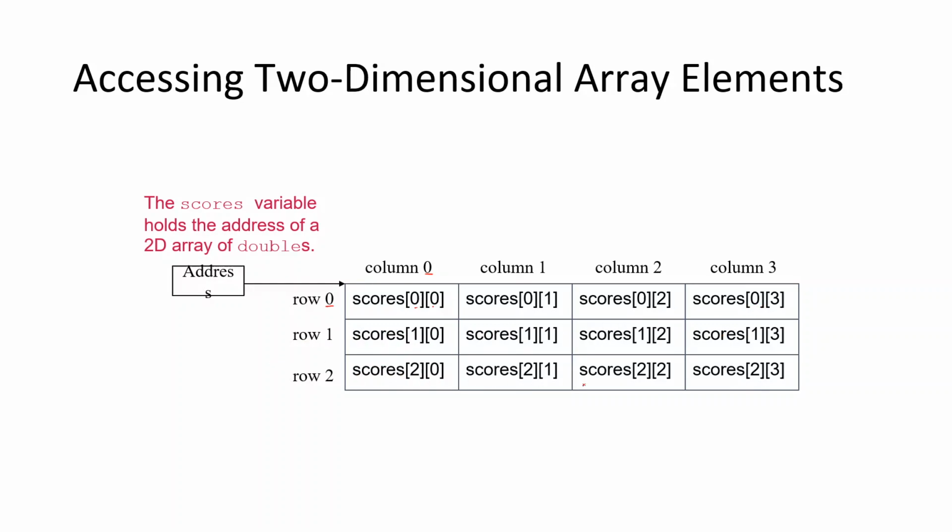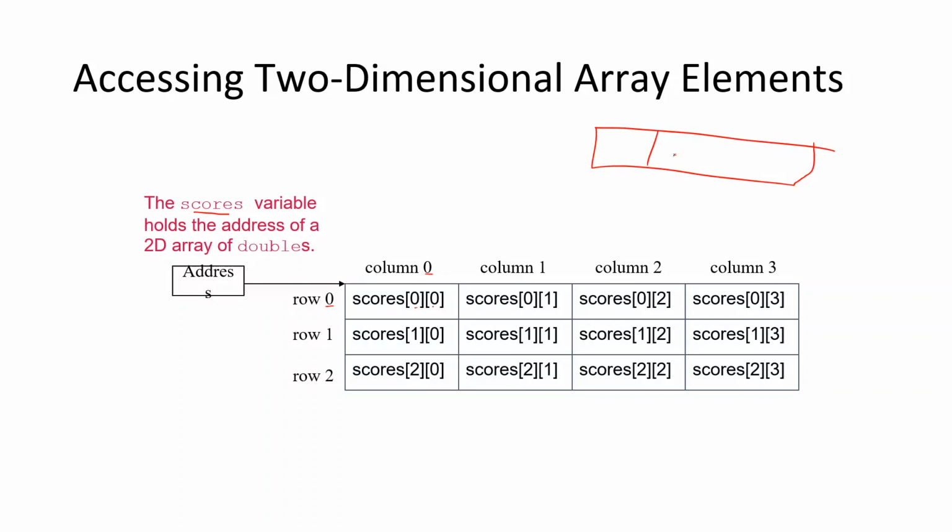All the elements here start with 2. And the opposite here, the second element will be 0 for all of these, 1 for all of these, 2, 3. Now, each of these elements will have the name of the reference variable, scores, and scores with the sub-indices of 0, 0, 0, 1, and so on. So this is how you access a single element in a two-dimensional array, all right?